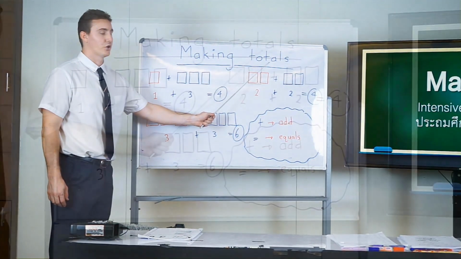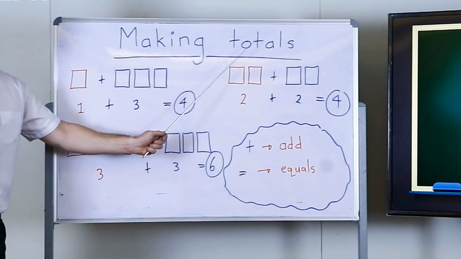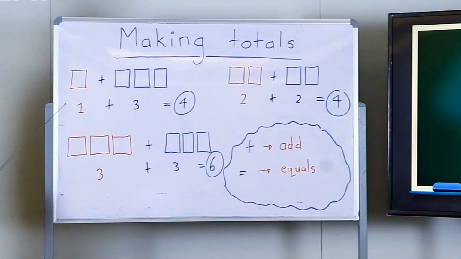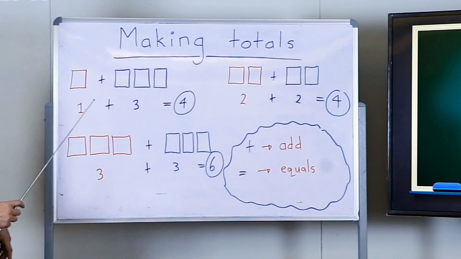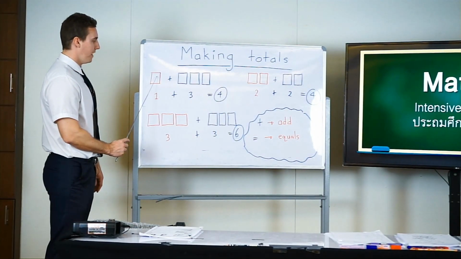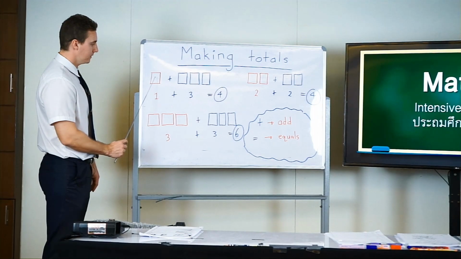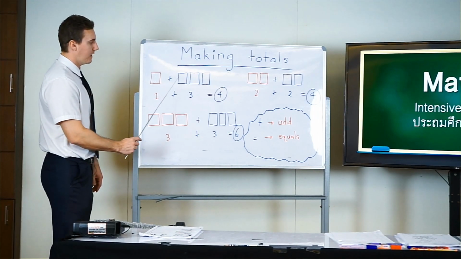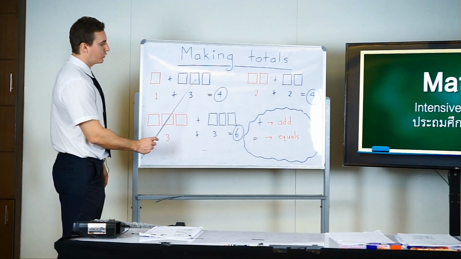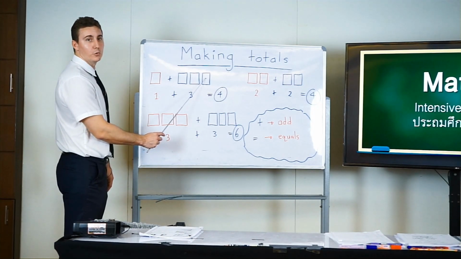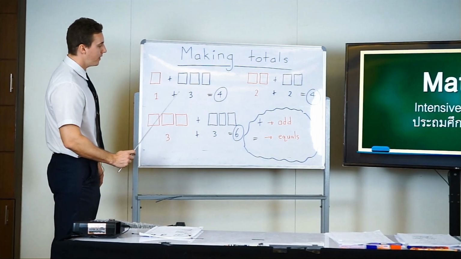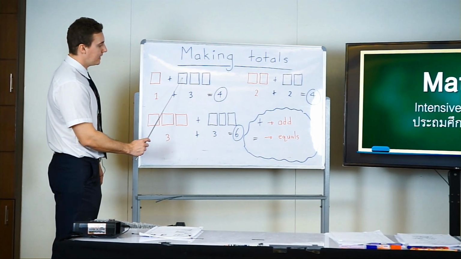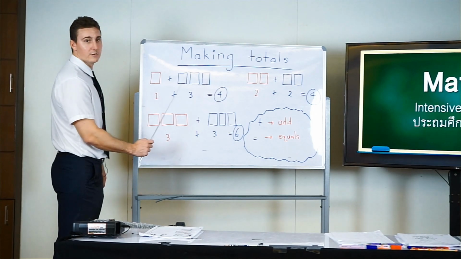Making totals. Okay. So if we look at the first example here, Teacher Joel has drawn squares. We have one red square, and we have 1, 2, 3 blue squares. So 1 red square and 3 blue squares.